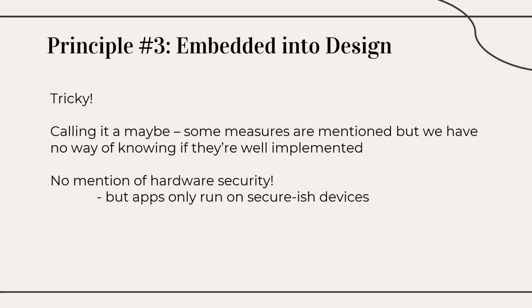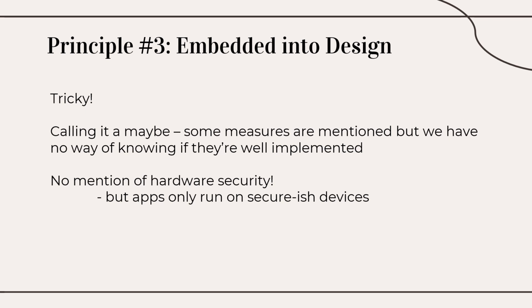When it comes to embedded into design, it's a little bit tricky because although they don't mention hardware security, they mention that mobile apps only run on devices that aren't jailbroken, aren't rooted, and so on. They even have a security library that checks all this. It's in-house.